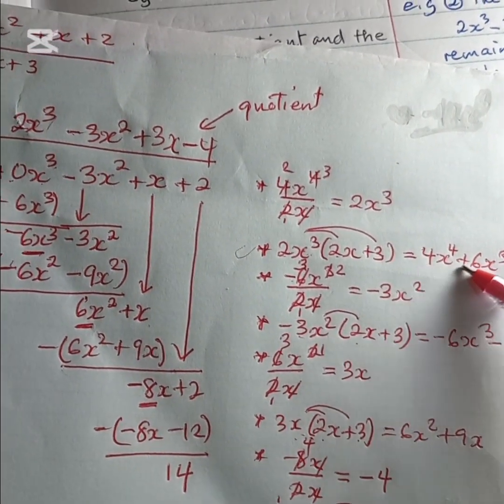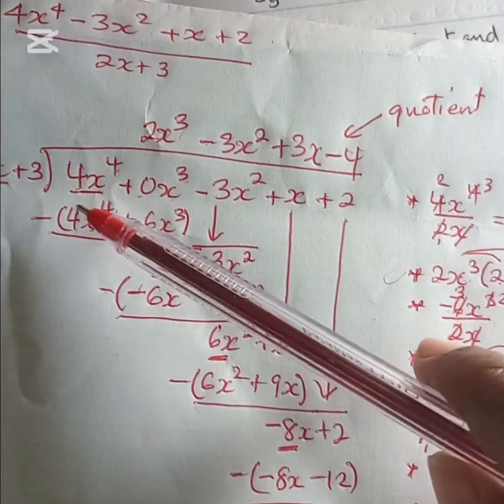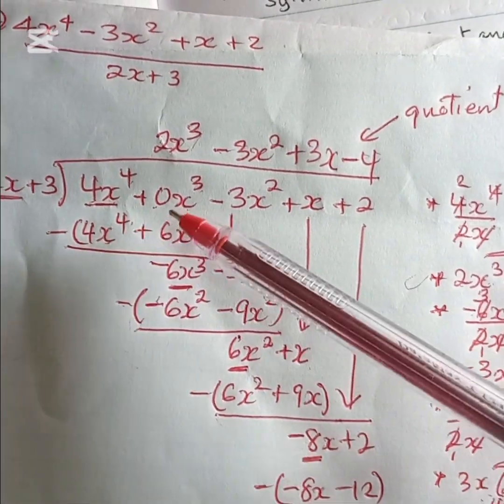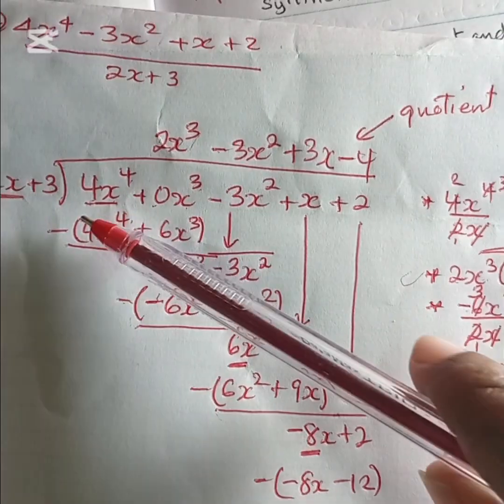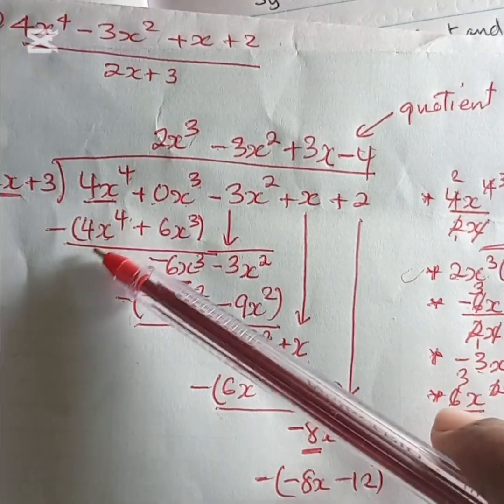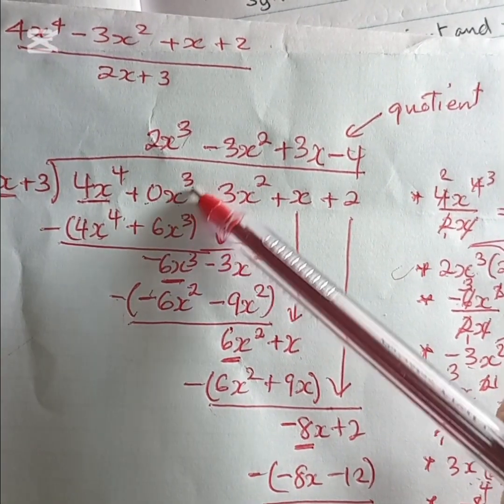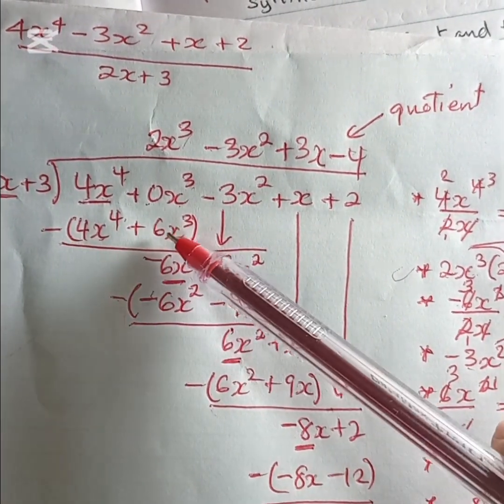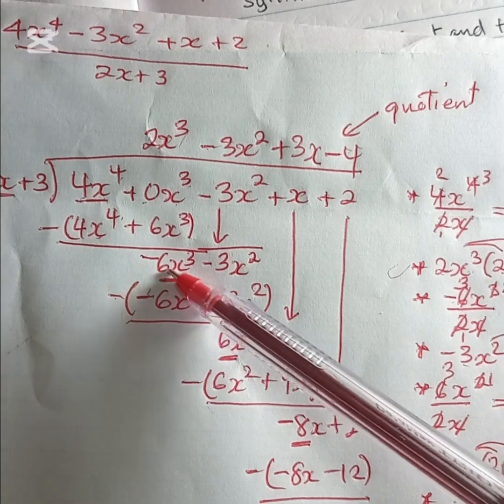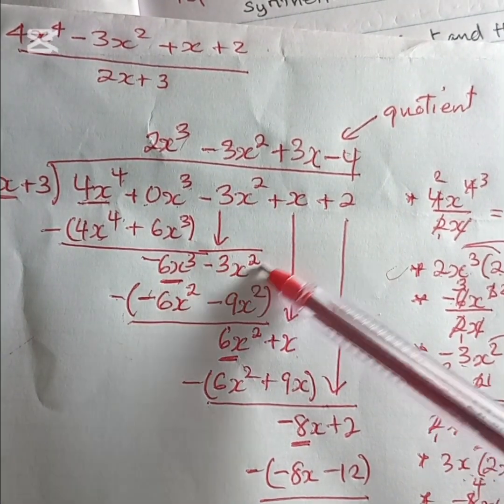So we write this 4x to the power 4 plus 6x cubed down here, and of course we subtract. 4x to the power 4 minus 4x to the power 4 is 0, and 0x cubed minus 6x cubed is negative 6x cubed, and we bring down negative 3x squared.